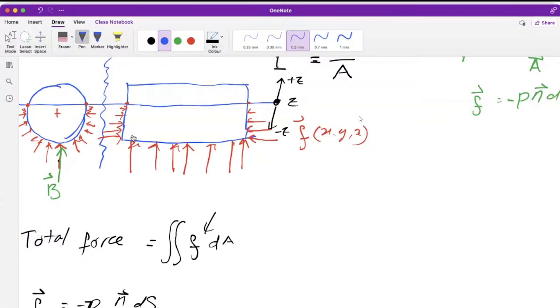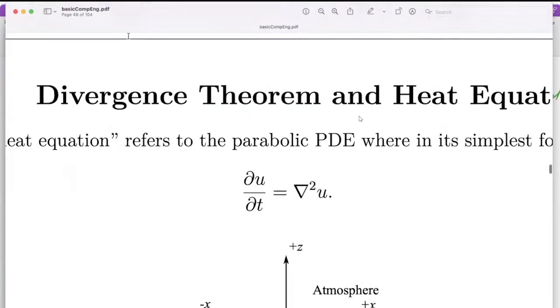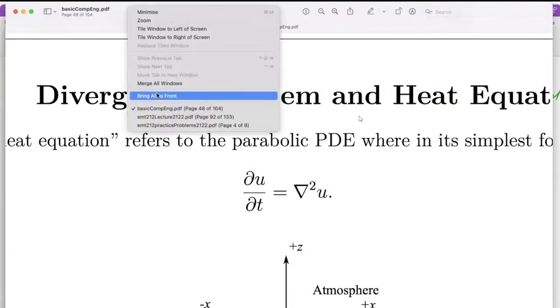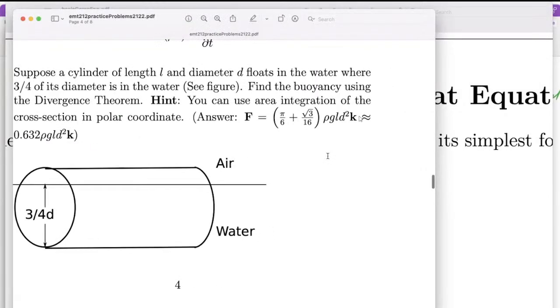At the end of the day, this is for that reason. I'm switching to my practice problem. This is why I put the answer for you here, so that you can compare, because this is not a short integration process.